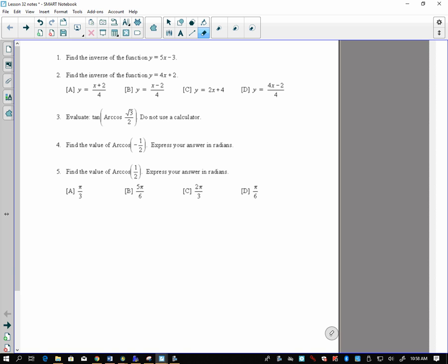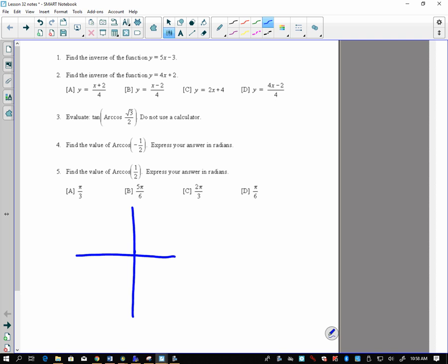All right. Questions 3, 4, and 5 really all kind of come from the same thing. This says we want to know what tangent of arc cosine radical 3 over 2 is. So from this, what we're going to do is find cosine radical 3 over 2. Okay? Cosine is adjacent over hypotenuse, right?